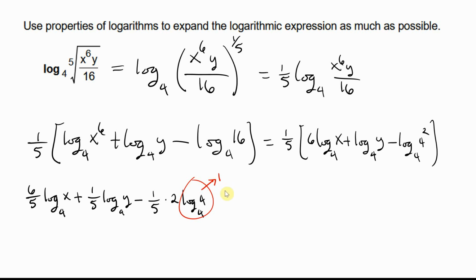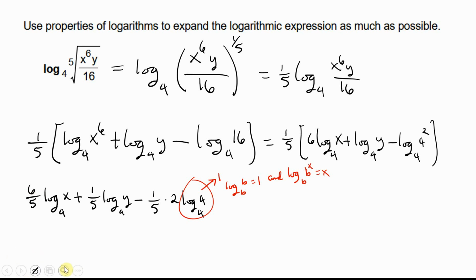And that was a property that we had back in the previous section. That is log base b of b is equal to 1, and log base b of b to the x is equal to x. So that's just going to give us 2. That's just 2 times 1, we still get 2.